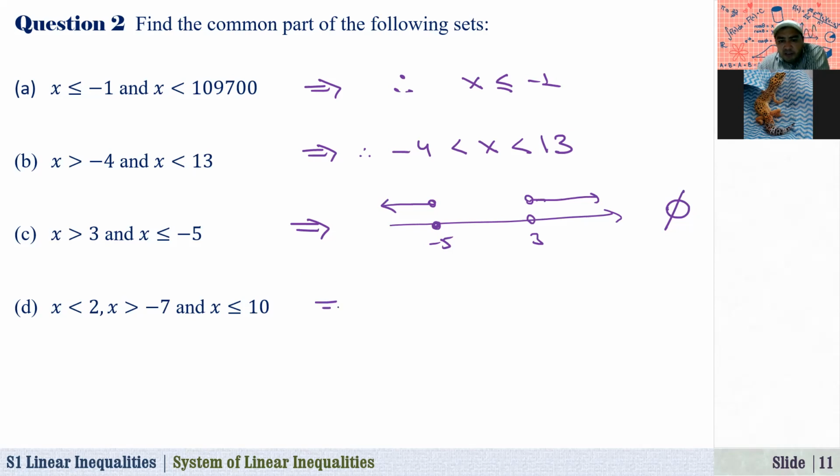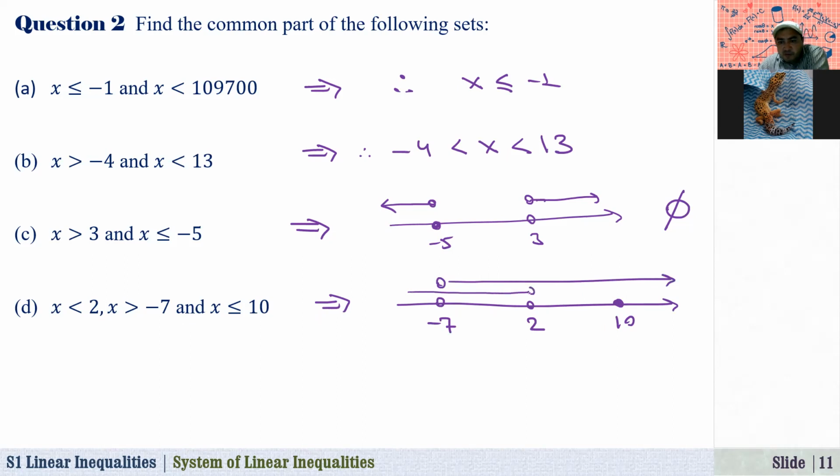And how about D? In D, x is less than 2 and negative 7 and 10. So here we have negative 7 and here we have 2 and here we have 10 shaded. Okay, x is greater than negative 7, it is this side. Right? x is less than 2, it is this way.